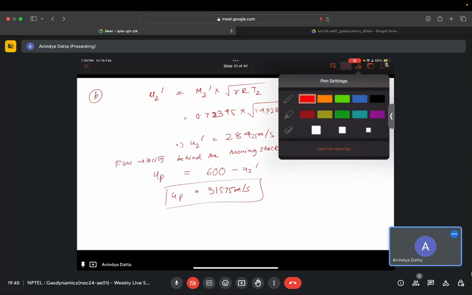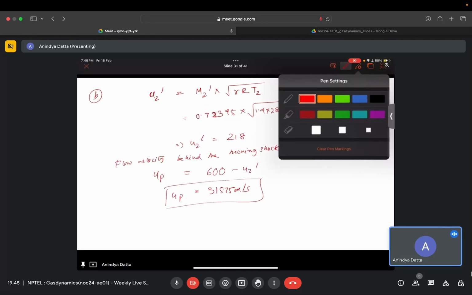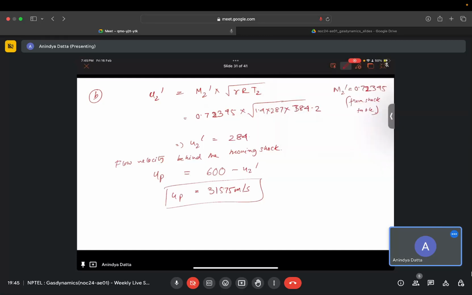Is this clear? Be careful while making the transformations, because we are changing the frame of reference. Remember that the static properties stay constant, but the stagnation properties don't stay constant here. When we compute stagnation temperature, we do static temperature plus velocity square by 2 cp.